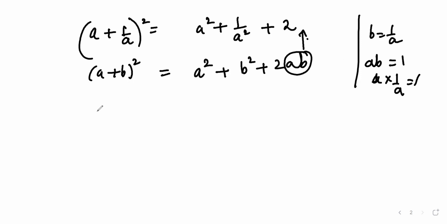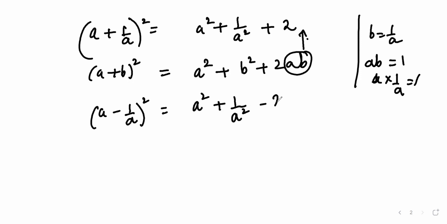Okay. So then what is a minus 1 by a the whole square? That would be a square plus 1 by a square minus 2. Okay. So up till here we have seen, right?